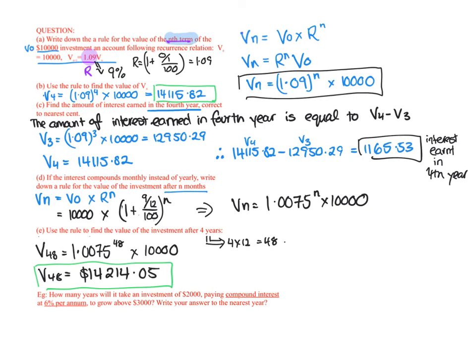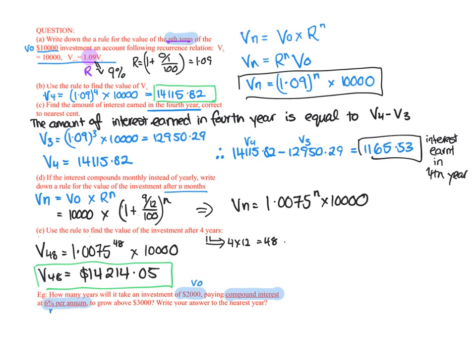How many years will it take an investment of 2,000, paying compound interest at 6% per annum, to grow to above 3,000? So we know here we've got an investment, so you start by writing V0, and 6% per annum is my little r.